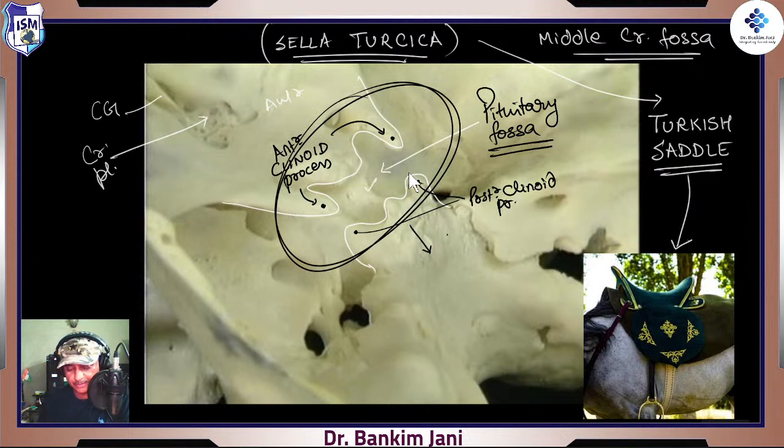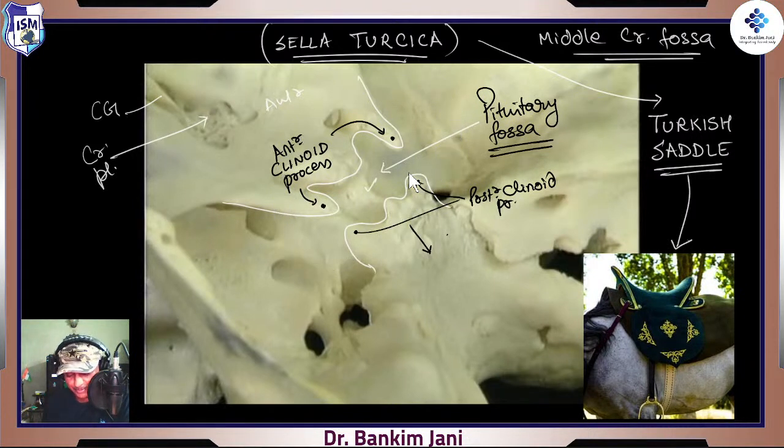So, again, our imagination has started coming up. We call this the dorsum sella. Sella is saddle, so it is dorsum sella. And then it goes all the way to our all-time favorite basi-occiput.